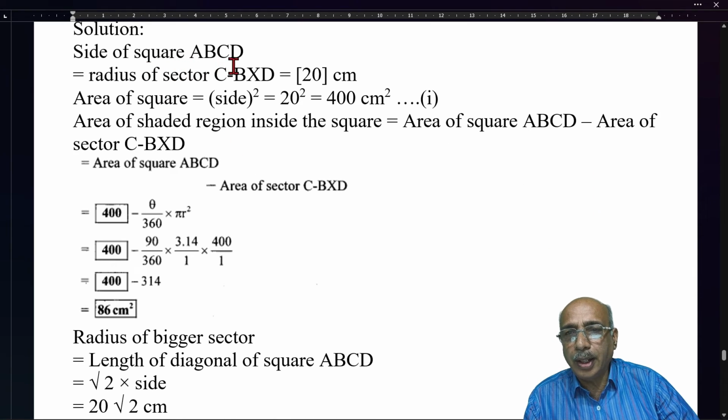Side of square ABCD equals radius of sector C'BXD equals 20 centimeter. Area of square equals side square equals 20 square equals 400 centimeter square.